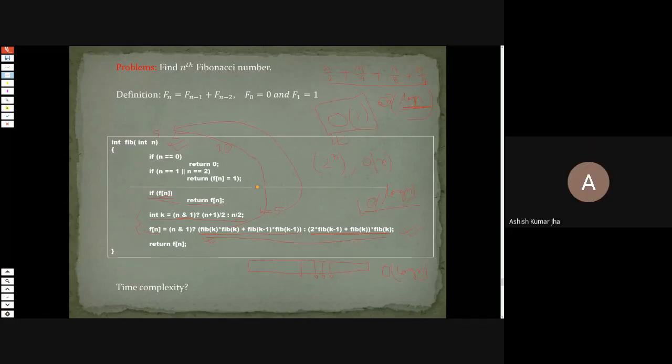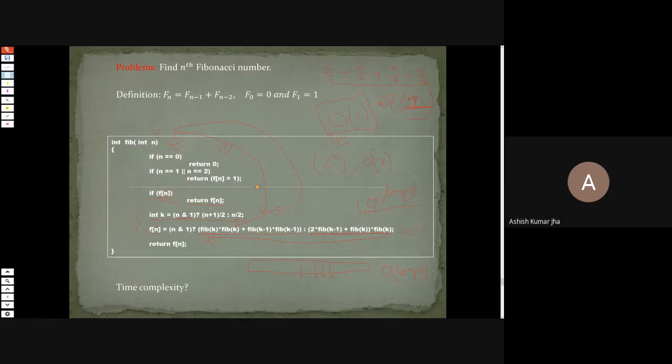Sir, I had a doubt. In this function, suppose we are asked to find the 10th Fibonacci number, f of 10. First three if cases will not work, so it will go to the last line, where it will compute k first. It is even, so it will do 10 by 2, which is k equal to 5.